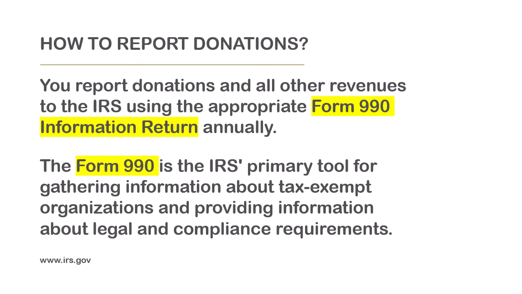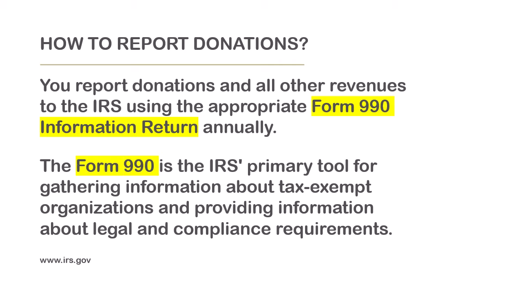The Form 990 is the IRS's primary tool for gathering information about tax exempt organizations and providing information about legal and compliance requirements. You see, when you download the appropriate Form 990 information return, you can also download the instructions to walk you through the steps in completing the Form 990.